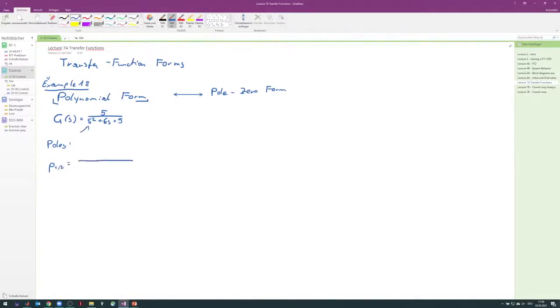We can do this with the midnight formula: -6 plus minus the square root of b squared minus 4 times 1 times 5, over 2 times 1, right? And you can solve that easily at home. You get a pole at -5 and a pole at -1.